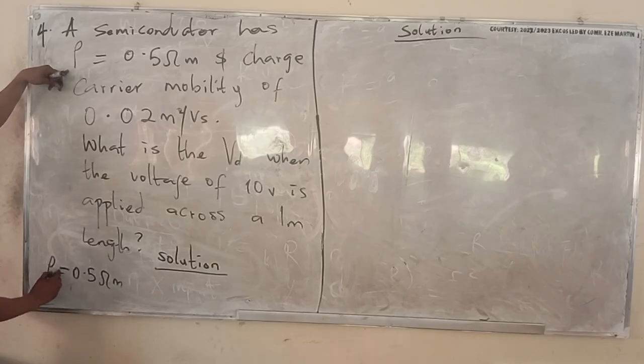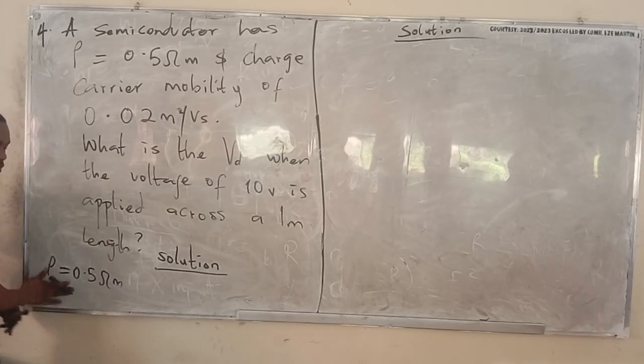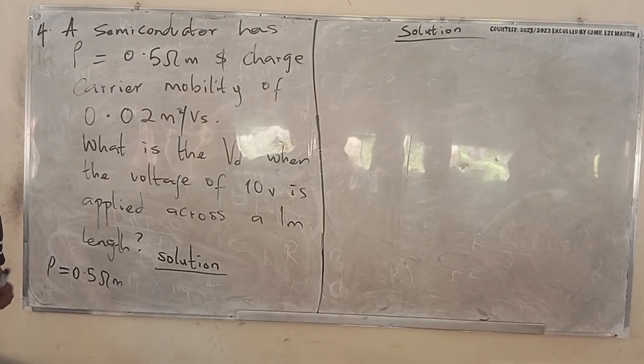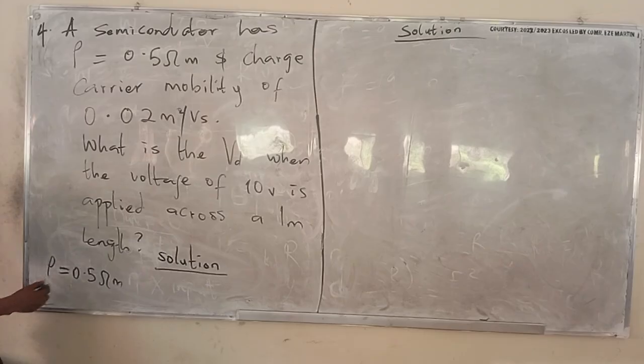If that thing is a conductor, we have low resistivity, but a particular conductor's resistivity will be different from another type of conductor. Steel's resistivity will be different from copper's. So charge carrier mobility. Shall you remember this now?